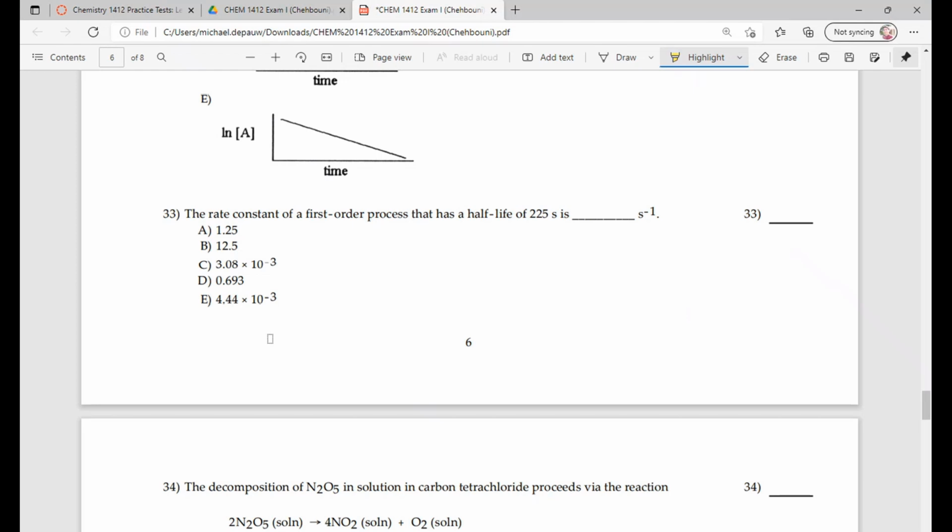All right, you can derive the half-life from the integrated rate law, but it's also convenient to have at least this first order half-life equation memorized, because it is very simple. It's T 1/2.